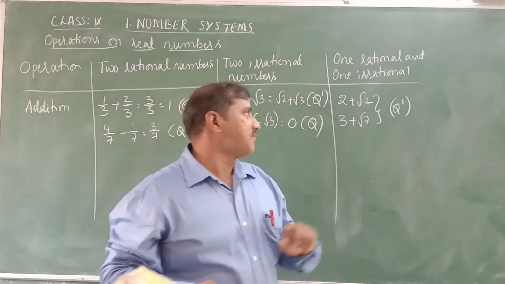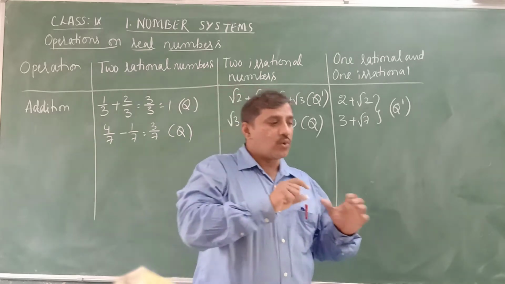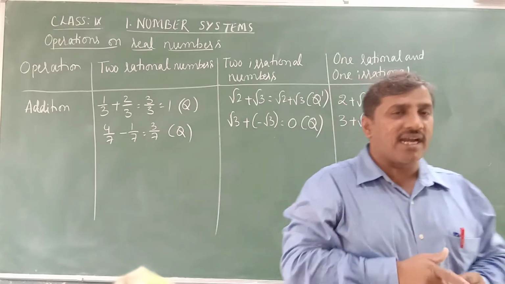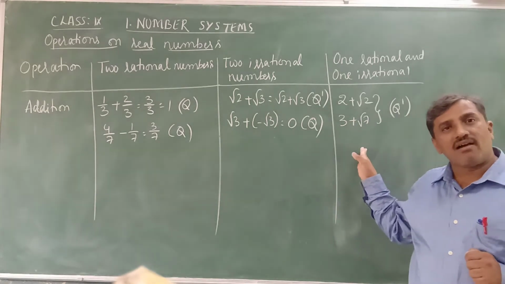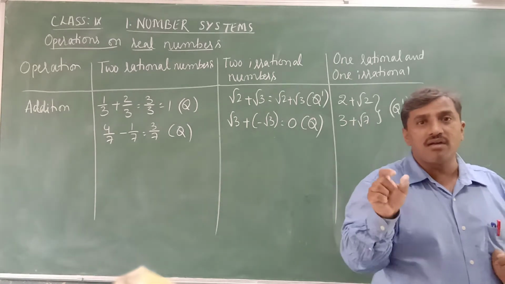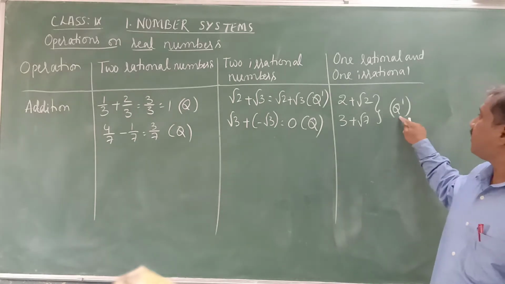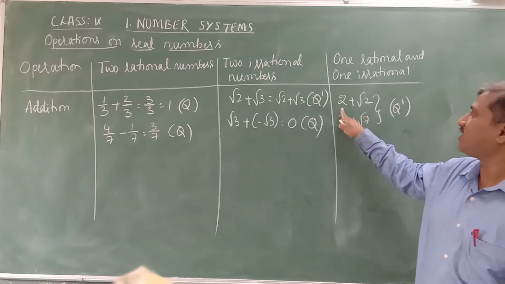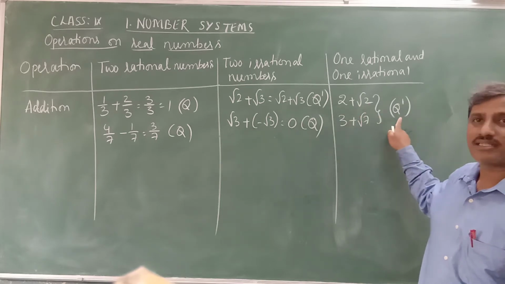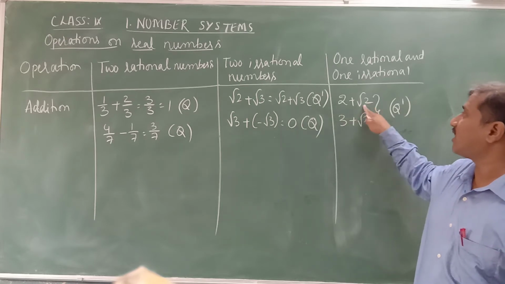Root 7 is also a non-terminating, non-recurring decimal. If you add a rational number to any non-terminating, non-recurring decimal, we will always get again a non-terminating, non-recurring decimal, which means the sum is an irrational number. That is, the sum of one rational and one irrational is always an irrational number.